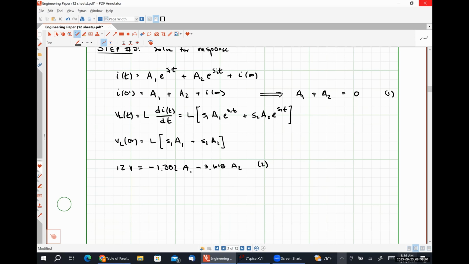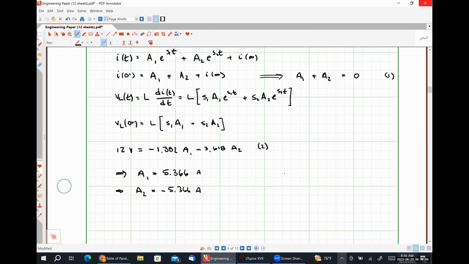And my constant term is 12. Solving this system of equations, I find that A1 is equal to 5.366 and some change amps, and A2 is negative 5.366 and some change amps.